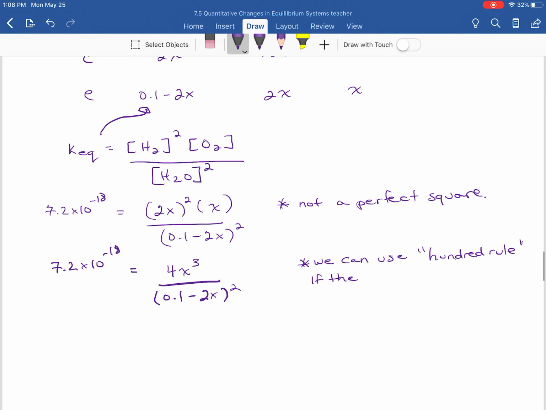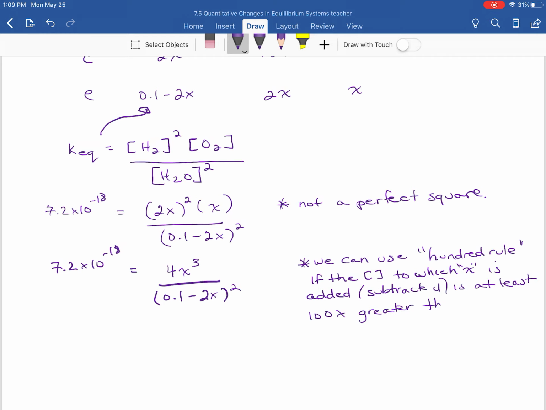If the concentration to which x is added or subtracted is at least 100, hence the word 100 rule, times greater than k, then my assumption is valid.